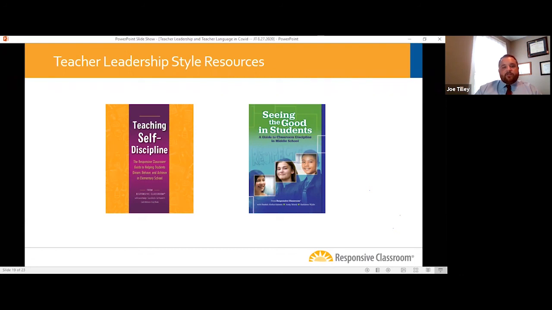Seeing the good in students is a really fantastic resource, as well as teaching self-discipline, for you to use to help with your leadership style.